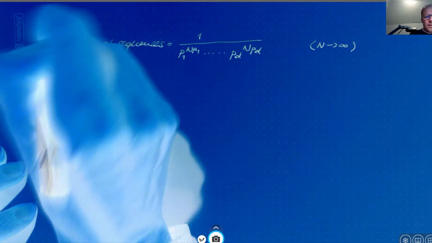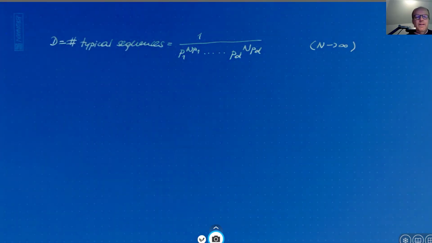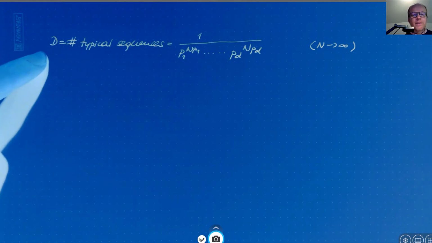Let me call the number of typical sequences capital D. After she's accumulated the results of n trials and thus created a typical sequence, there are capital D possibilities.